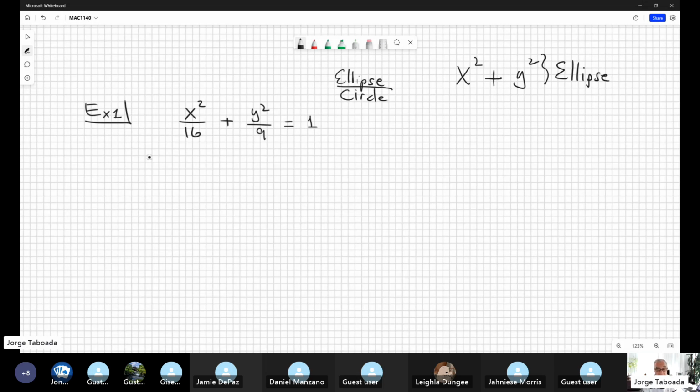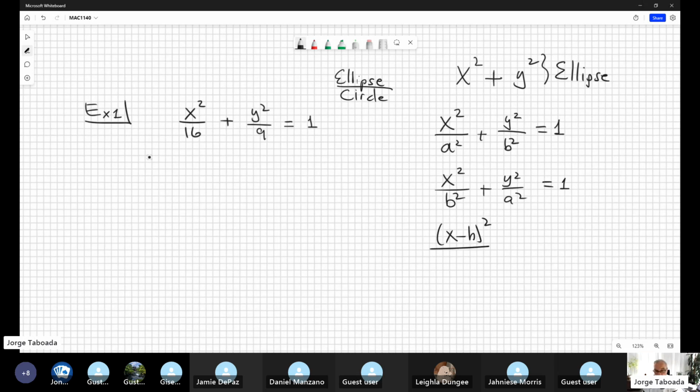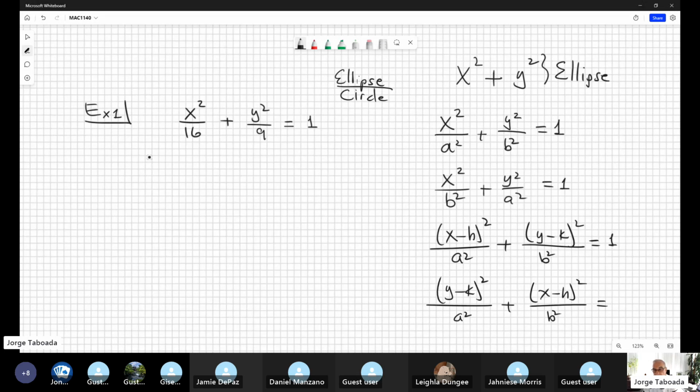You compare mentally with this equation, x squared over a squared plus y squared over b squared equals 1, or I don't know if it is x squared over b squared plus y squared over a squared equals 1. Or it is x minus h squared over a squared plus y minus k squared over b squared equals 1, or y minus k squared over a squared plus x minus h squared over b squared equals 1. It's obvious that no, because we have no translation.